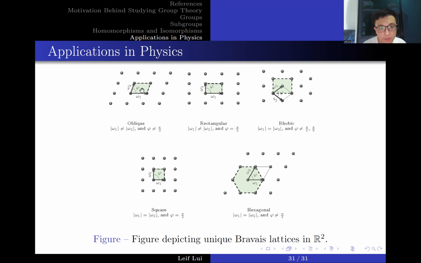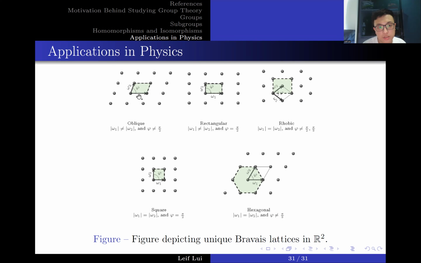You can choose these two to be primitive vectors, or these two, as long as the area is the same. So basically, this is called a cell. If the primitive vectors generate an area that is the same as that of a known set of primitive vectors, then the other pair is also a set of primitive vectors.